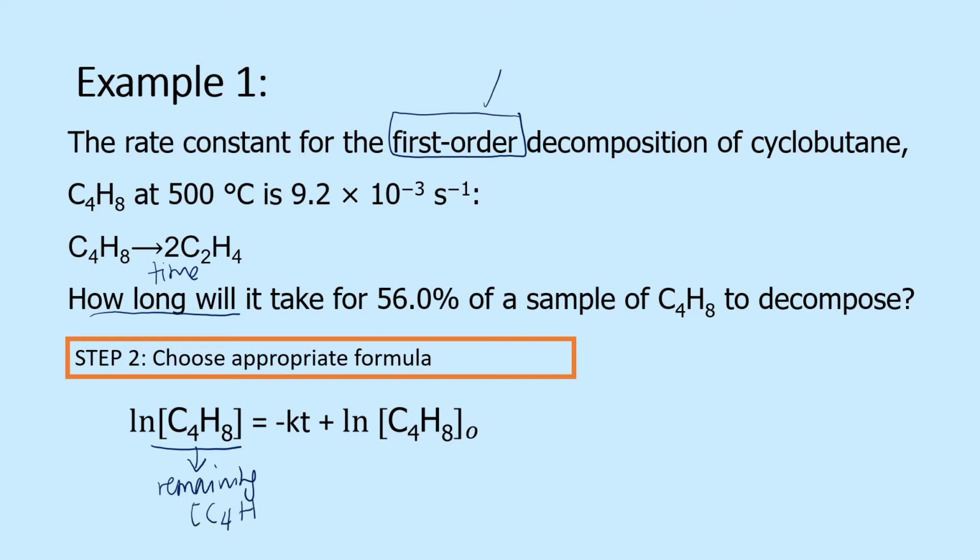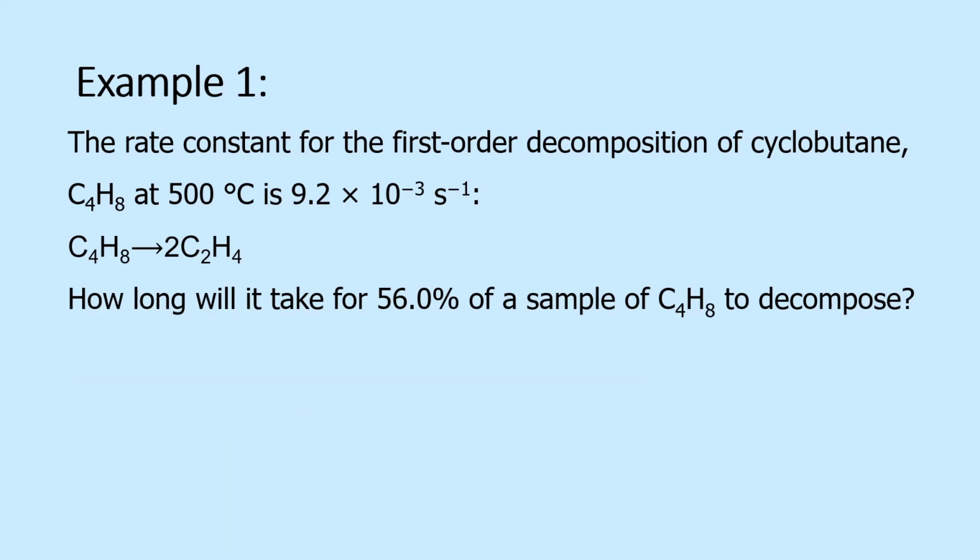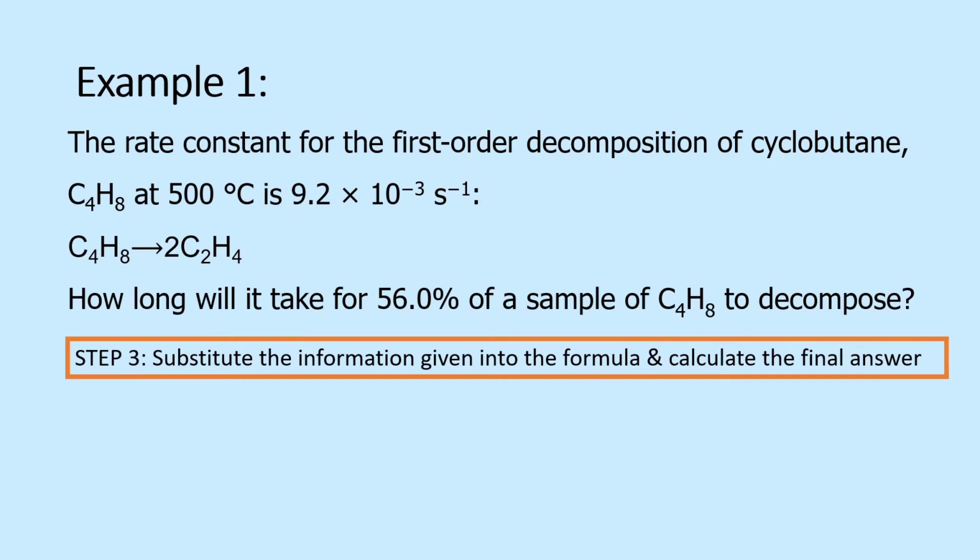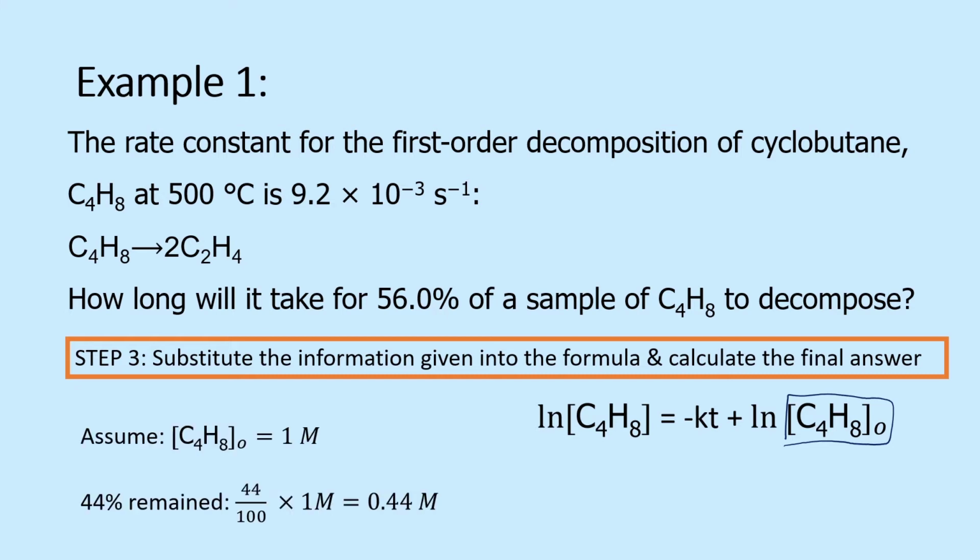of cyclobutane C4H8. In step number three, we just need to substitute all the information given in step number one into the formula in step number two to get the final answer. From step number two, we know that this is the formula that we need to use in order to calculate the time. From this formula, we need the initial concentration of the reactant cyclobutane C4H8. But in this question, no initial concentration is given. Therefore, since no initial concentration is given, we can assume the initial concentration of cyclobutane C4H8 is 1 molar.